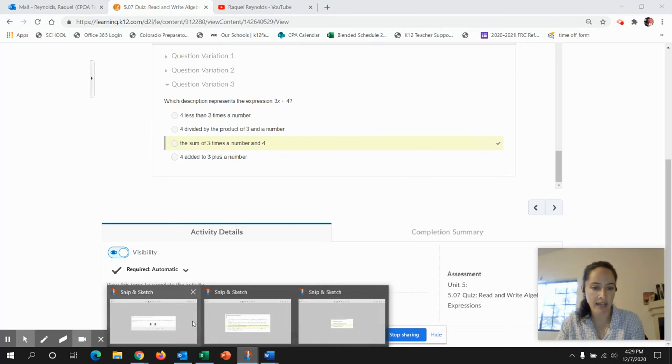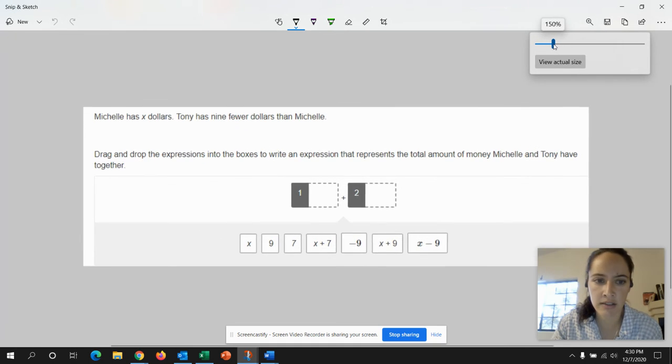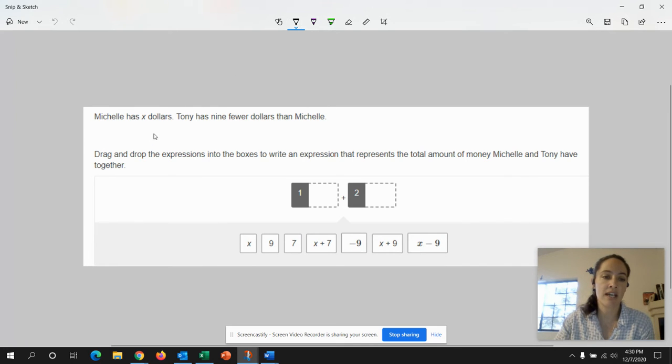Yeah, I think about them too. I have to. Here we go. So Michelle has X dollars. Tony has 9 fewer dollars than Michelle. Perfect. So she has X dollars. We don't know. But we know that Tony has 9 fewer dollars. So Tony has X minus 9. He has 9 less. 9 fewer. Remember?